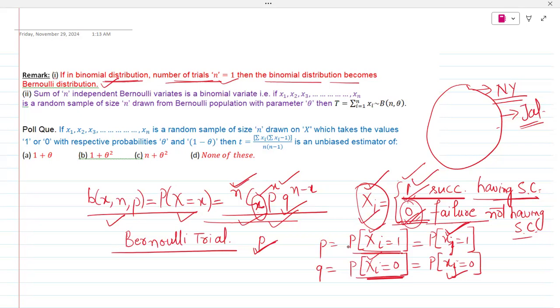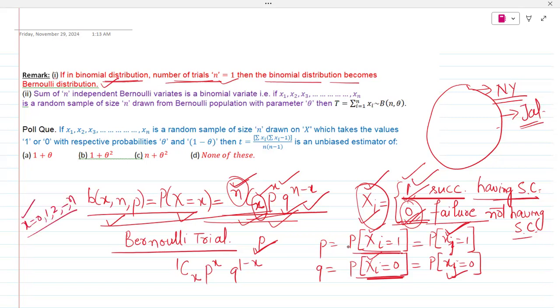Now, if in a Bernoulli population this n becomes 1, what will this become? It will be 1Cx p raised to power x and q raised to power 1 minus x. And here x is 0, 1, 2, up to a maximum of n.